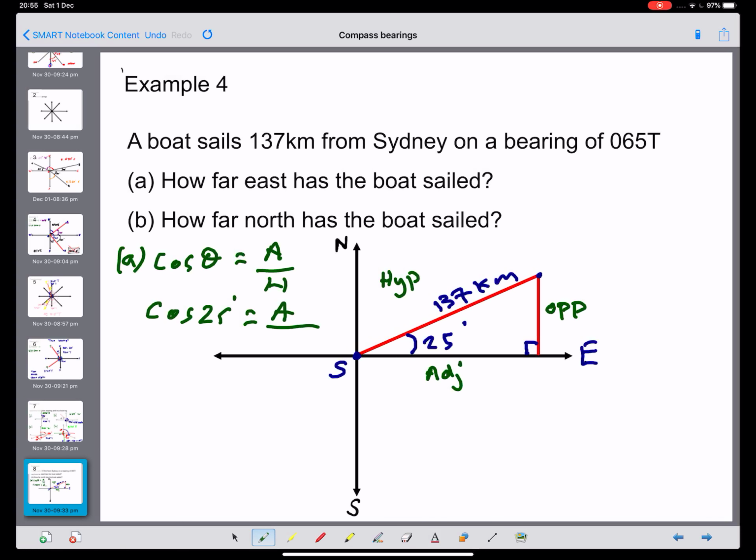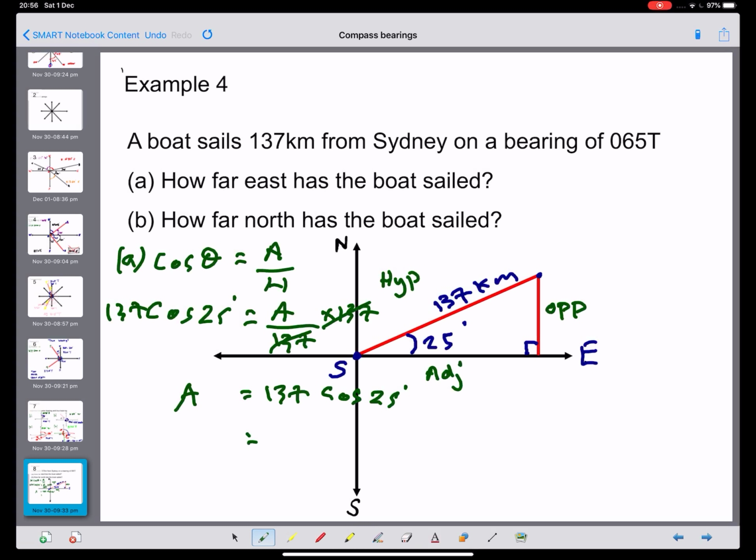Okay, back on track, 137. So we need A equals. We multiply both sides by 137, they cancel, so we get A equals 137 cos 25 degrees.